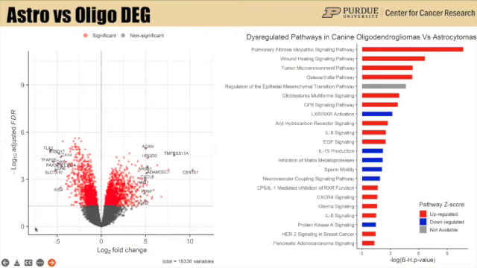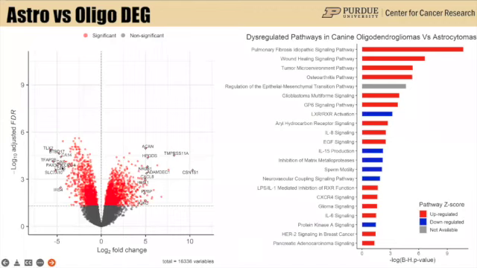On the X-axis, you have the log fold change, and we took oligodendroglioma over astrocytoma. And then on the Y-axis, you have the minus log 10 of the adjusted false discovery rate. Here, the red genes are those that are statistically significant, and the gray points represent genes that are not statistically significant at a 5% false discovery rate.